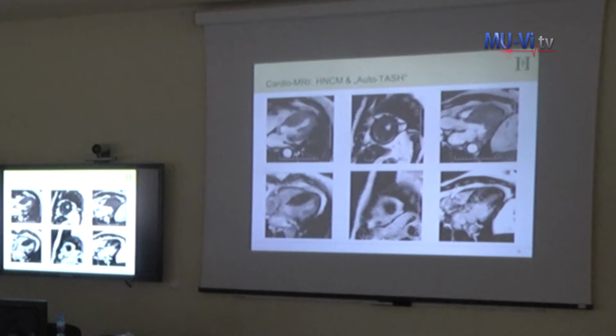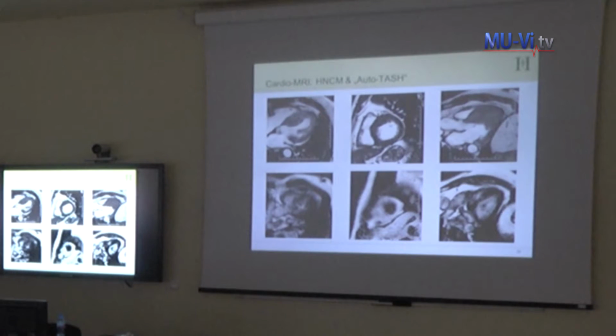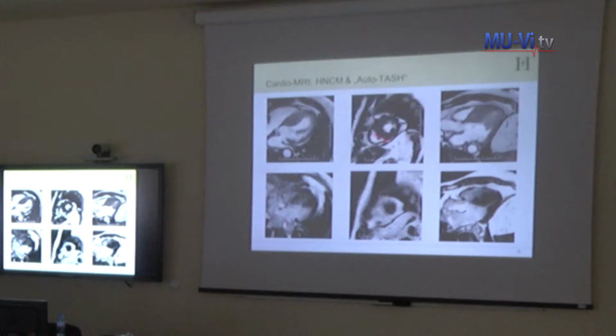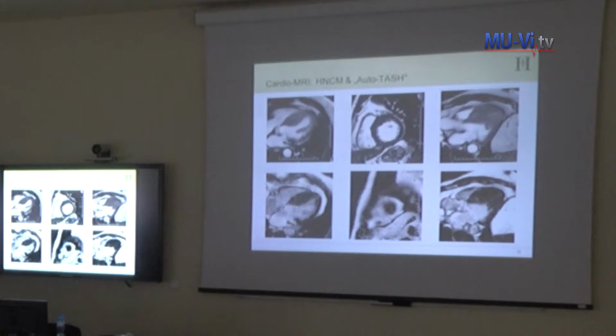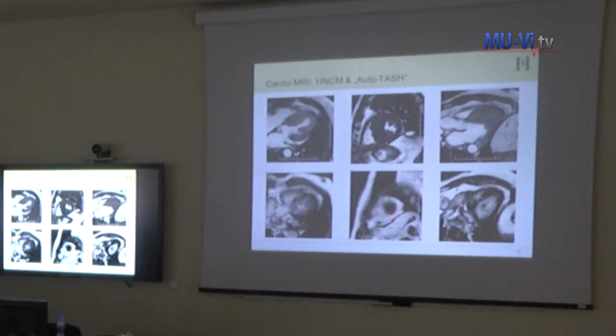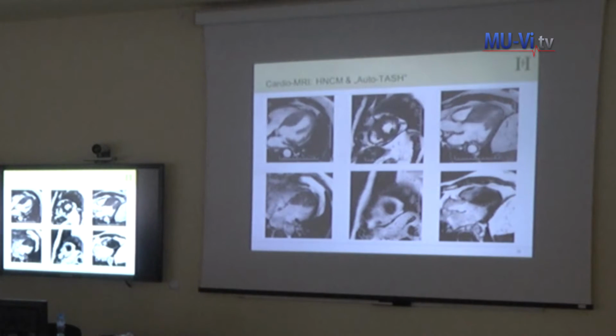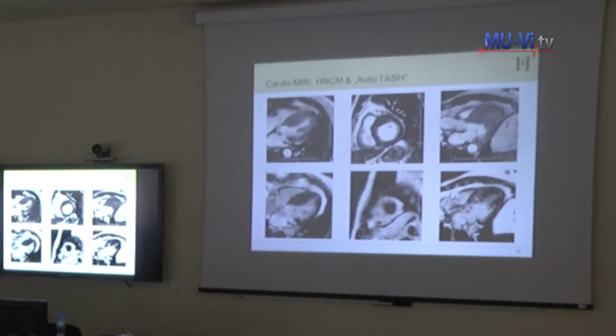And in this case, the TASH occurred by itself. The hypertrophy of the muscle compressed the vessels and caused infarctions. You see the infarctions here. Wait a minute, or wait 10 seconds.